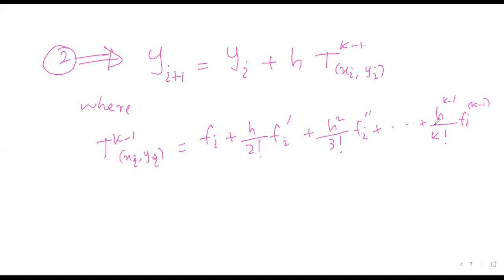We also have the k plus 1 term, which we are taking as the error. For i, we can take the values 0, 1, 2, up to n minus 1. So one step less, we are going up to T_k minus 1.